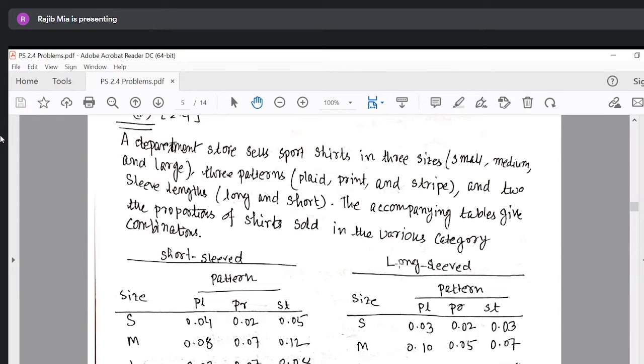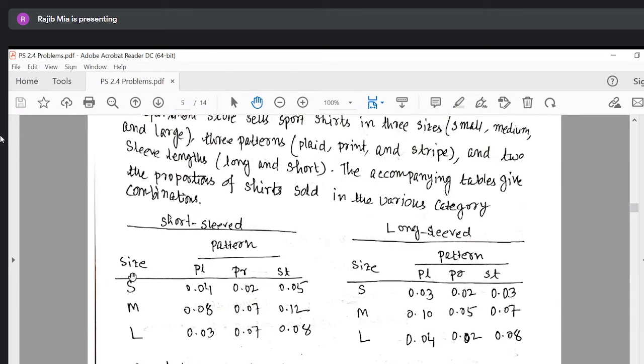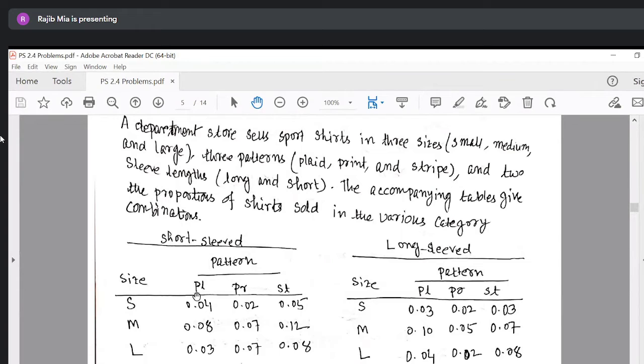So there are two tables, for short sleeve length and long sleeve length. Shirts are in three sizes: for small the event is S, for medium the event is M, and for large this is L. Patterns: plain means PL here, print PR, and stripe ST.